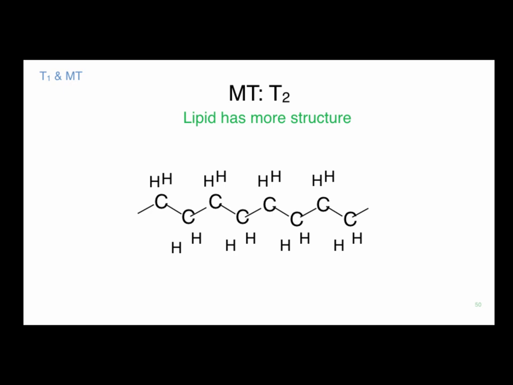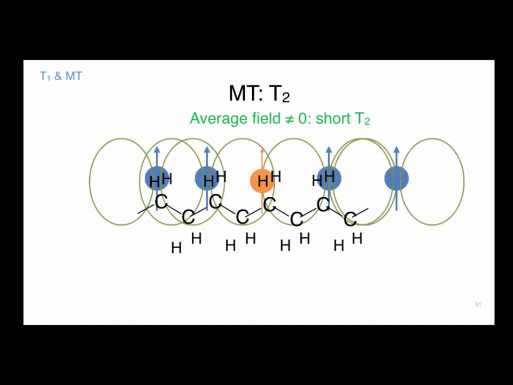However, if you look at a lipid molecule that has a long carbon backbone with a number of protons attached to it, that is a semi-solid molecule. So in this case, the dipolar field of the neighbors does not average out, right? Because they stay in the same position, and also they don't have neighbors on the other side.